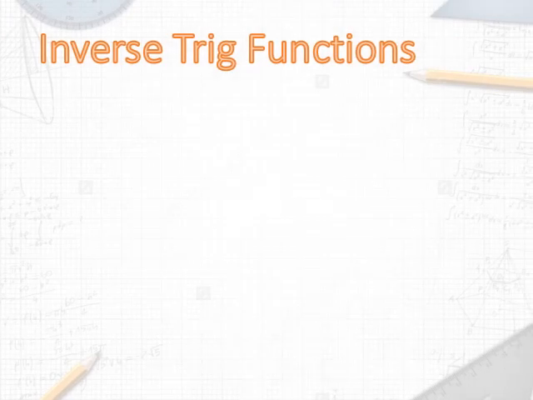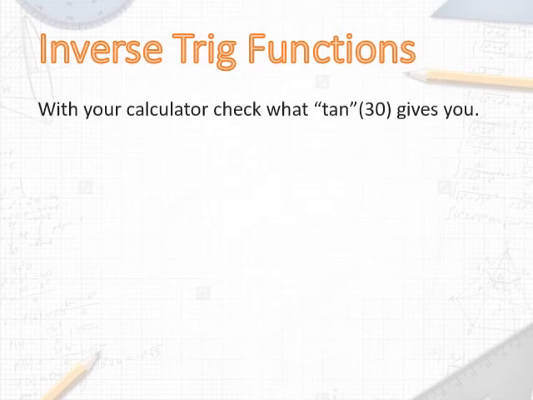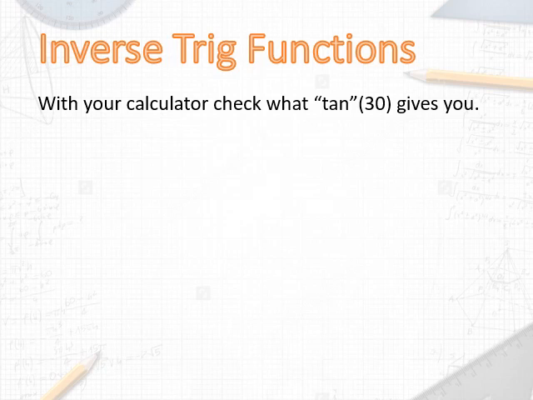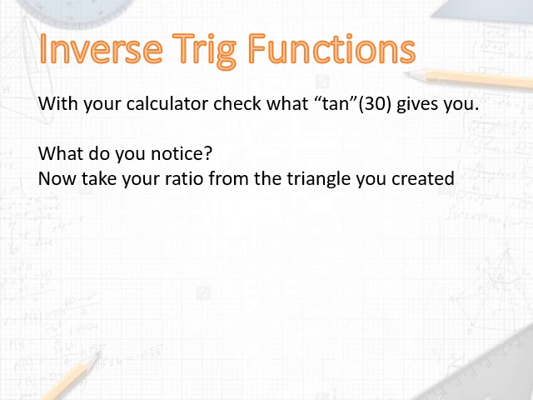Moving into inverse functions, these are going to be used to solve for missing angles. So if you type tan 30 in your calculator, what do you get? So tan of 30, a long decimal, should be 0.577350, blah, blah, blah. So irrational number, whatever. So now, if we had a triangle where 30 degrees was the angle, if we do what's called tan inverse, now where is that?